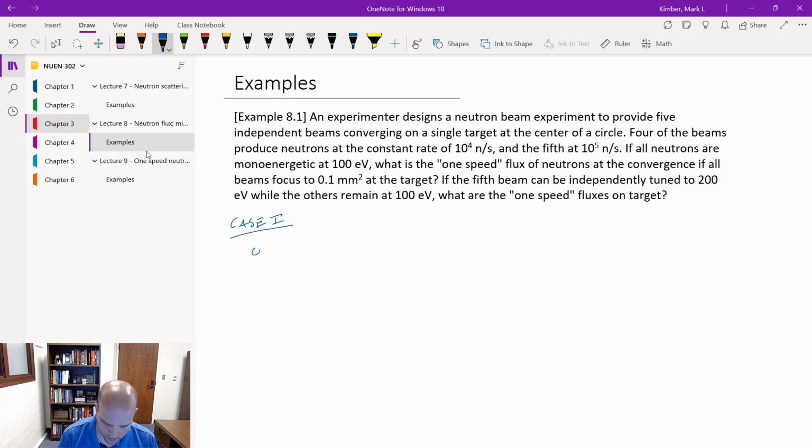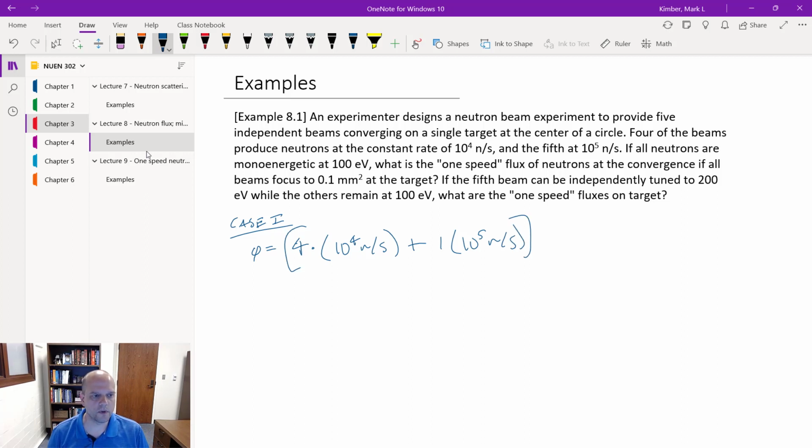In case 1, our flux is just going to be equal to the sum of all those products. So we've got 4 of the 10 to the 4th neutrons per second, and then we've got 1 of the 10 to the 5th neutrons per second. And we want to multiply that by the same area there, which is going to be 10 to the minus 3 centimeters cubed.